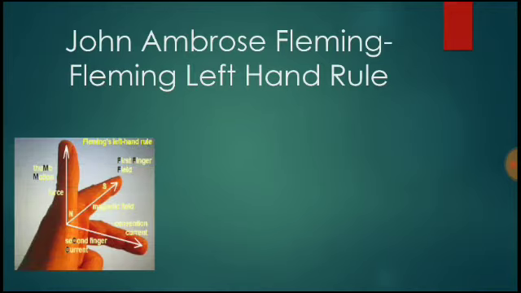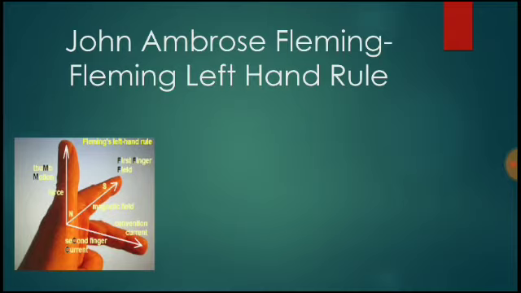And in this conductor, a magnetic field is present and current is present, and there is some force. So the direction of these three things is represented by one rule. That rule is John Ambrose Fleming's left hand rule. We call it Fleming's left hand rule, but the real name is John Ambrose Fleming's left hand rule.